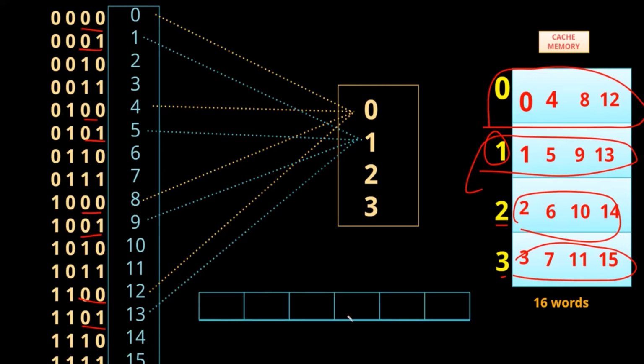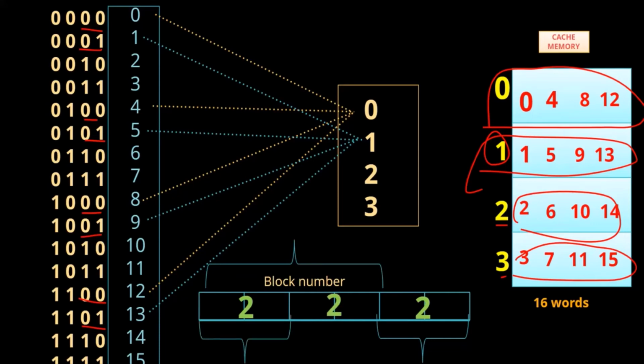So in total there are 6 bits. The last 2 bits are for block offset. And the first 4 bits, we say it is the block number to identify the block. In that block number, we are dividing into 2. The first 2 bits are called the tag. We name it as tag.